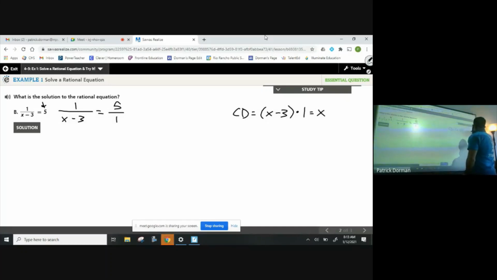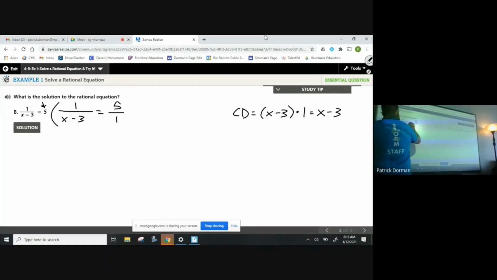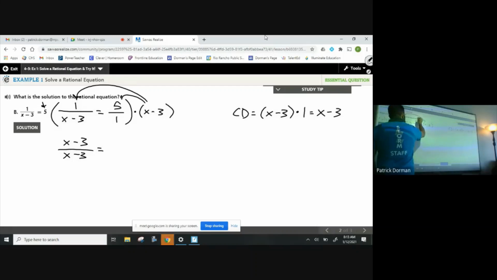Because that just becomes x minus 3. So my method is I'm going to multiply everything by x minus 3. When I multiply that term by x minus 3, I wind up with x minus 3 over x minus 3. And when I multiply that term, I wind up with 5 times x minus 3 over 1.